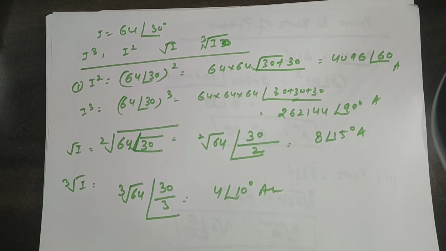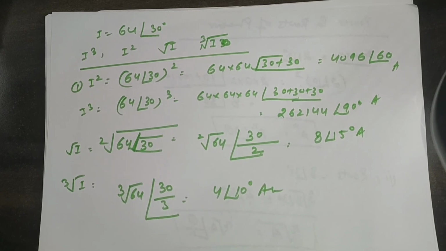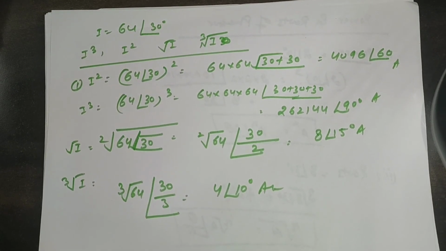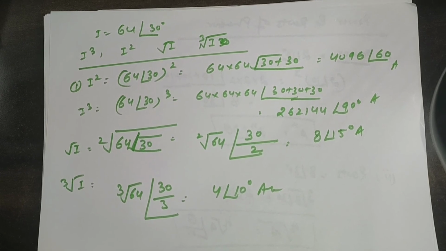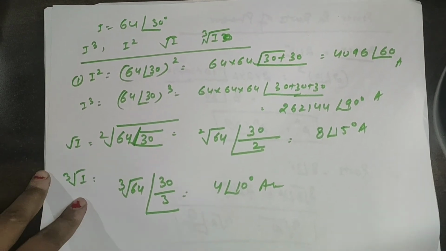Now, what are the applications of phasor algebra in AC circuits? In an AC circuit, we take a phasor as a reference phasor along the axis. Now we have talked about how we perform these operations.